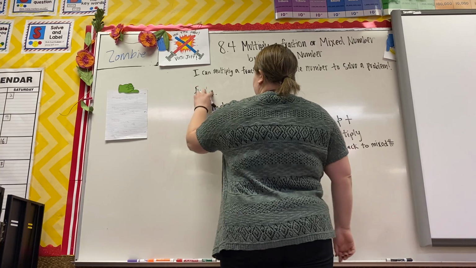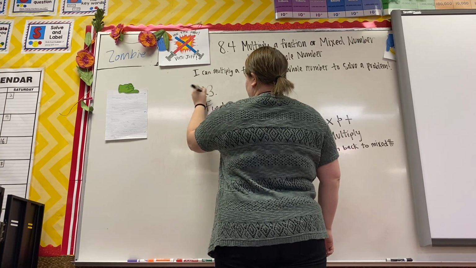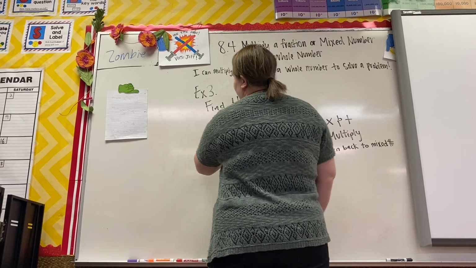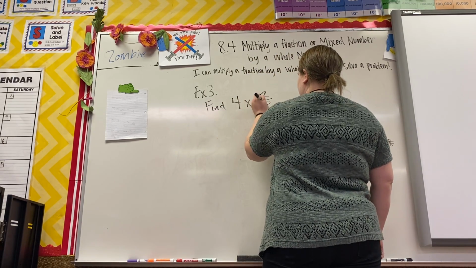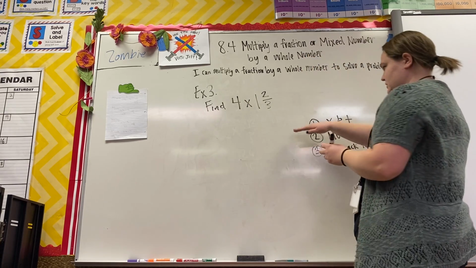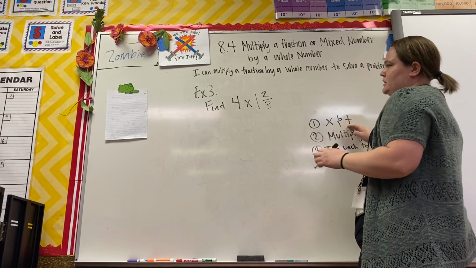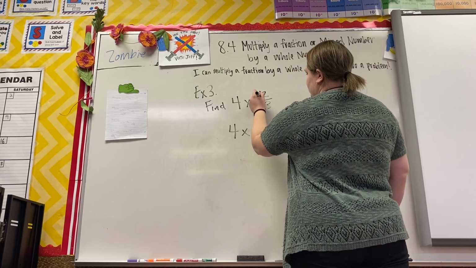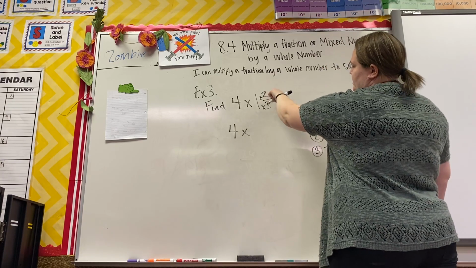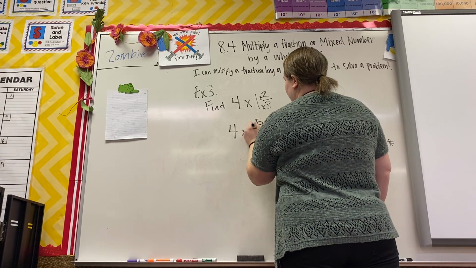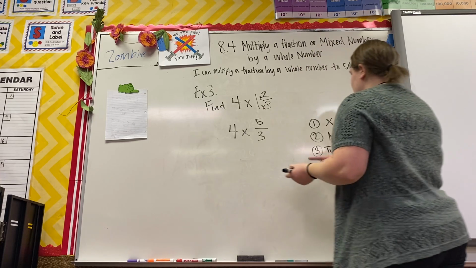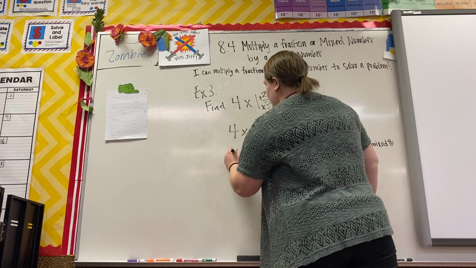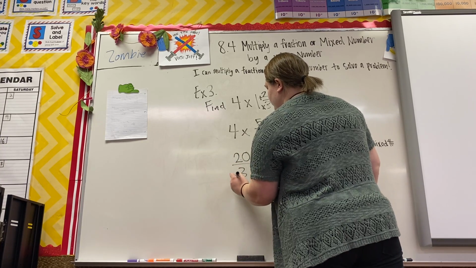So this is example number 3, find 4 times 1 2/3. So, step 1, times and add to turn our mixed number into improper. So 3 times 1 is 3 plus 2 is 5 over 3. Now we're going to multiply it out. 4 times 5 is 20 over 3.